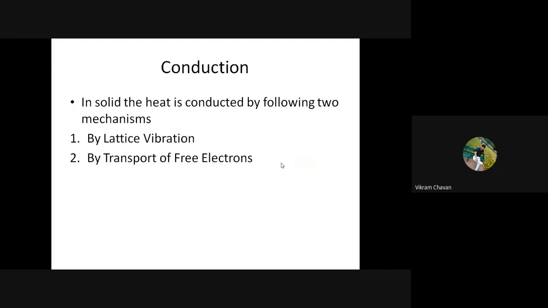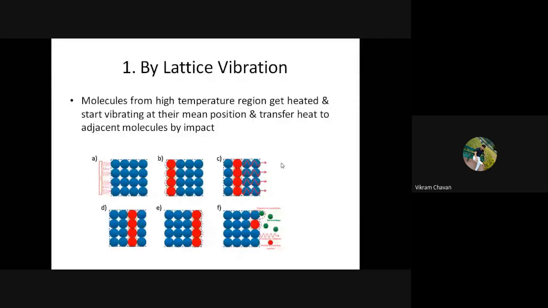We also discussed that there are two phenomena for the transmission of heat by conduction in a solid. The first is lattice vibration, and the second is the transport of free electrons. Lattice vibration means that once heat is received in one region of a substance, the molecules in that region get heated and start vibrating about their mean positions.